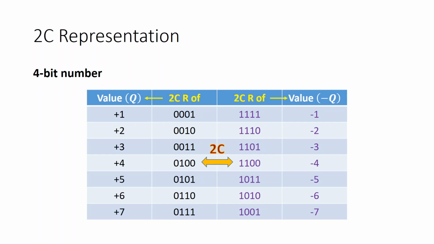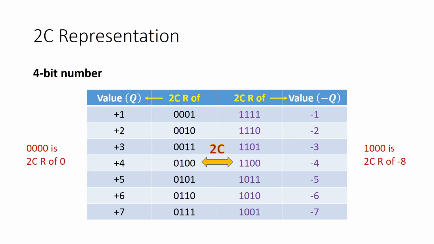Also, as I have noted down, the numbers in the second column are 2's complement representations of the quantities in the first column. The numbers in the third column are the 2's complement representations of the quantities in the fourth column.